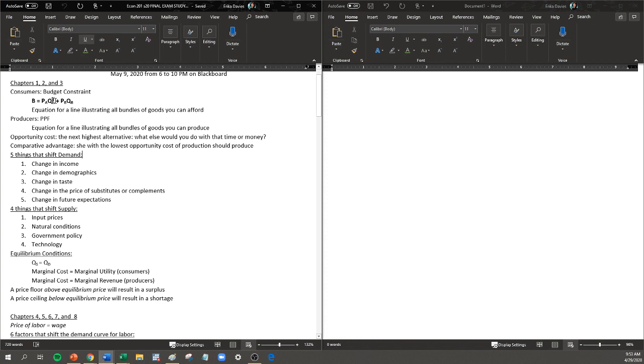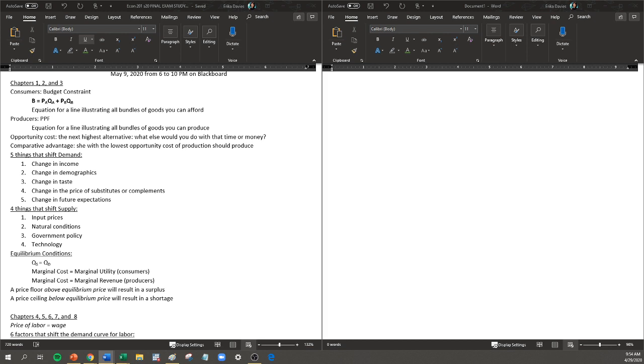The equation for the budget constraint is B equals PA QA plus PB QB. This means that your budget should be equal to the price of good A times how many of good A you buy, plus the price of good B times how many of good B you buy.